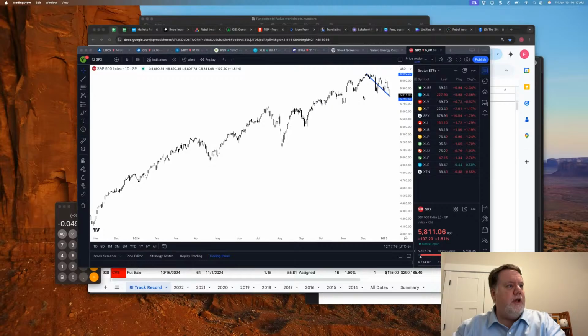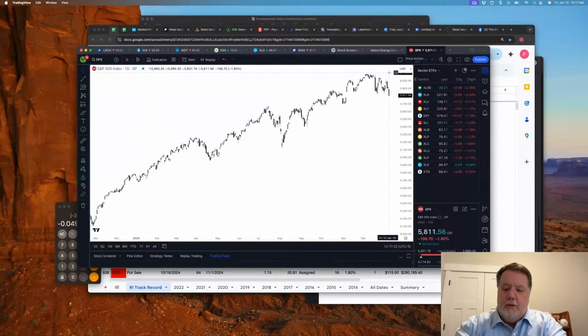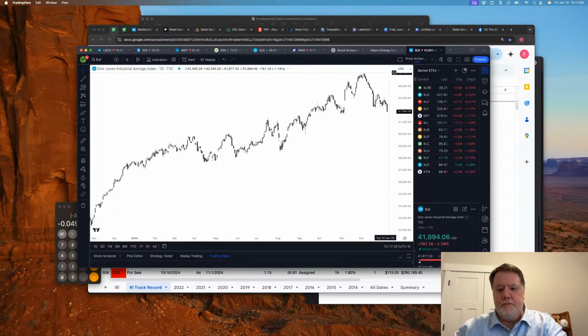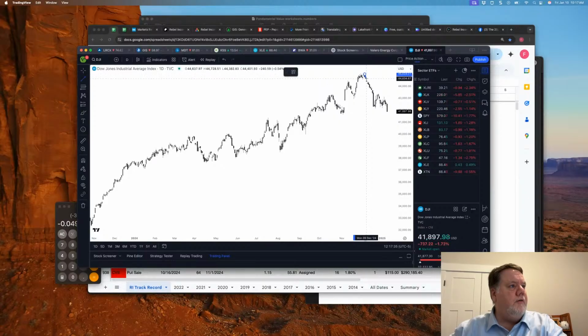The pattern for the Dow Jones looked a little bit more severe, so let's take a look at that one really quickly. Here we've got from about 45,000 down to about 41,900. Okay.